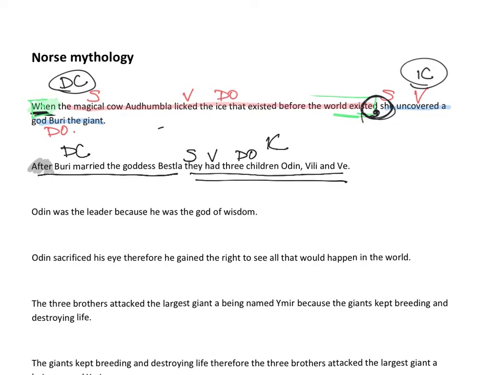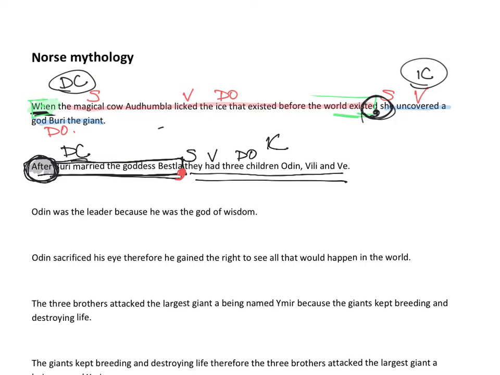They had 3 children. This could have been a complete sentence: Buri married the goddess Besla, except it is subordinated. And so it's become a fragment. But remember, any time that we are joining together the DC and the IC with the DC up front, I have to have a comma.